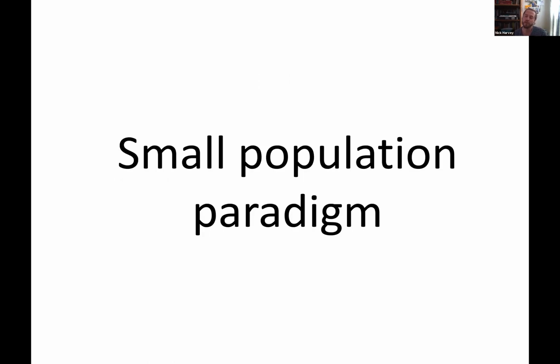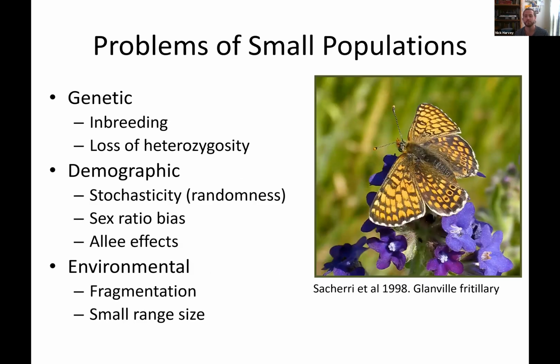So when we're looking at small populations, this is often called the small population paradigm. So these are the problems that are faced by small populations just because of the fact that they are small. Small populations face greater risks than larger ones, just due to the small number of individuals in that population.